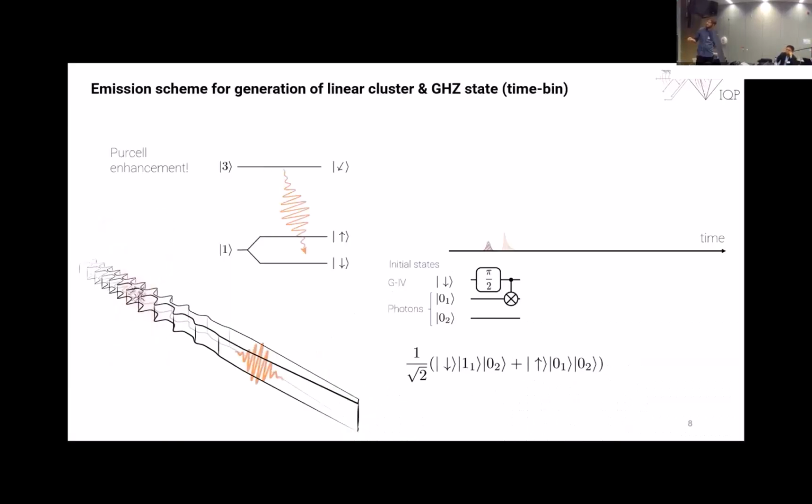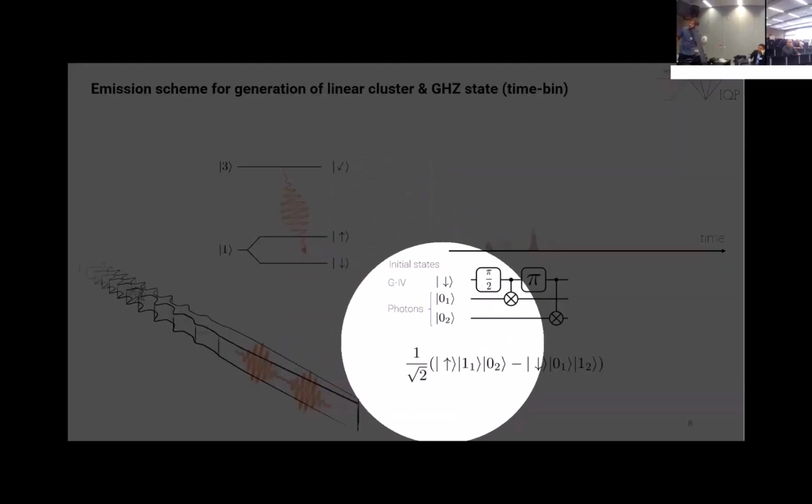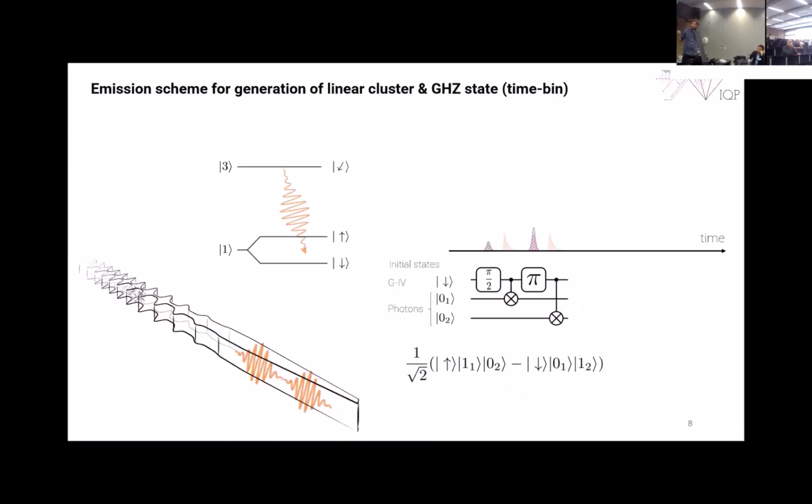So here you keep track of this, and this is followed by a spontaneous emission event. Here's where the Purcell enhancement becomes important, because in principle other transitions are allowed, which would reduce the efficiency of the scheme. Then you do another pi flip and another state selective excitation, and voila, the resulting state that you prepared in this way is a spin-photon entangled state, where your spin is now entangled with a time-bin qubit.